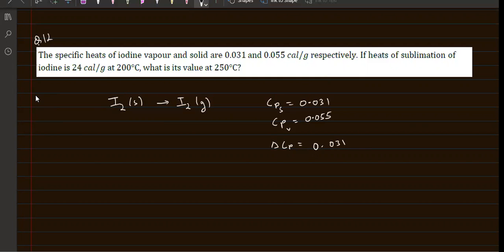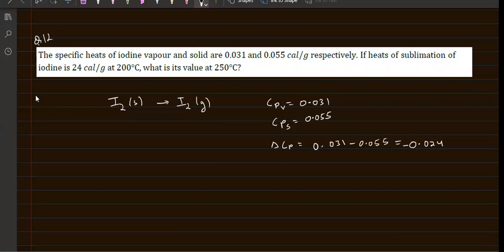Wait, okay, I have written it opposite, I guess. Sorry, my bad. So this is your vapor and this is your solid. I've written opposite. Okay. So 0.055 minus 0.031. So what you will get? You will get 0.024. Okay, everyone. So this is delta Cp.